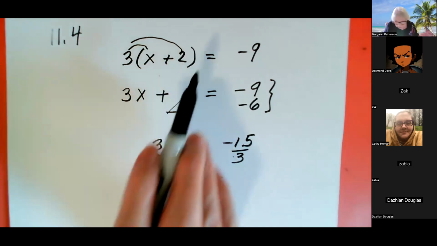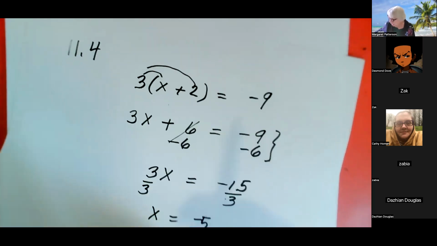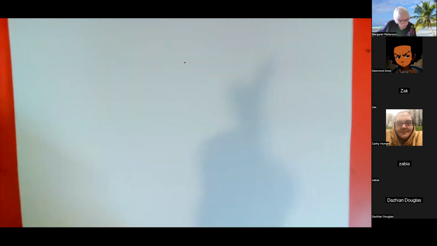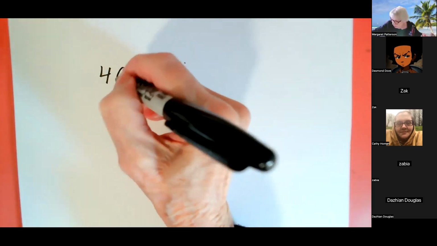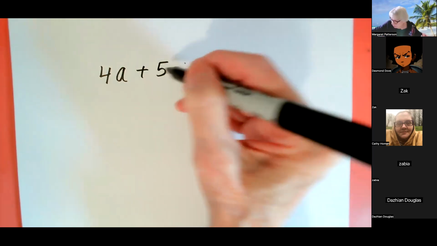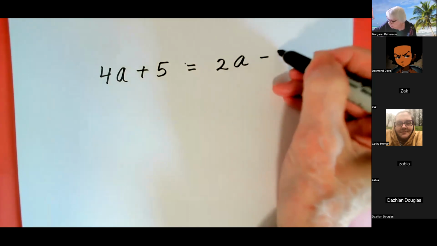So the only thing that was different was we had to deal with the parentheses first, and then we could move on. Now, I've got one more basic idea to show, and then I can write a summary. So let me get this right. This is 4a plus 5 equals 2a minus 7.